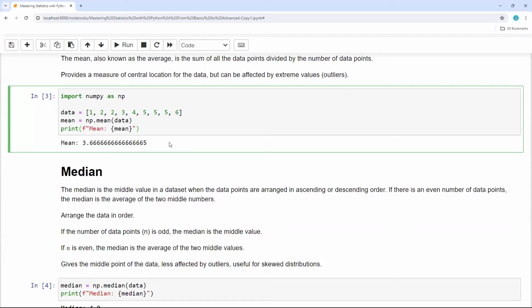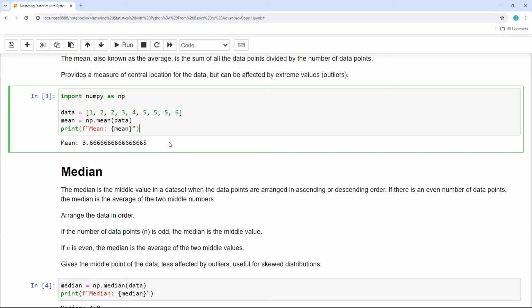If the total number of data points is even, for example I have 1, 2, 3, 4, and I want the median of these four numbers, then the median is the middle two numbers divided by 2. Like 2 plus 3 divided by 2, which gives 5 by 2, which is 2.5, my median.